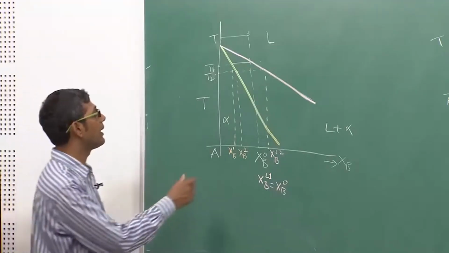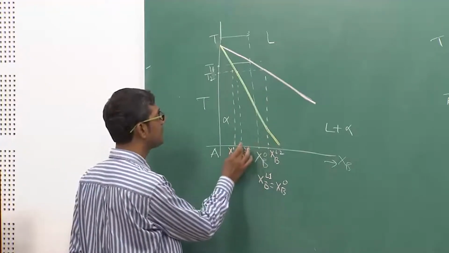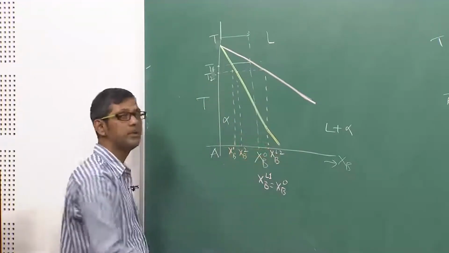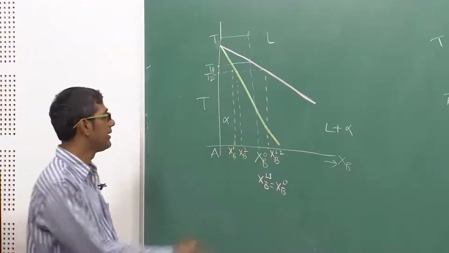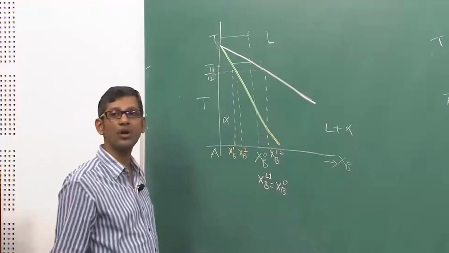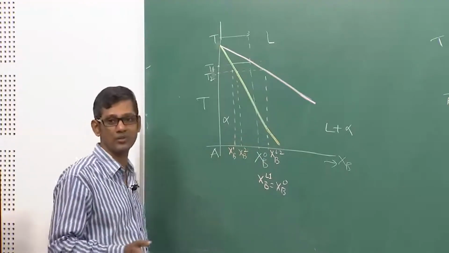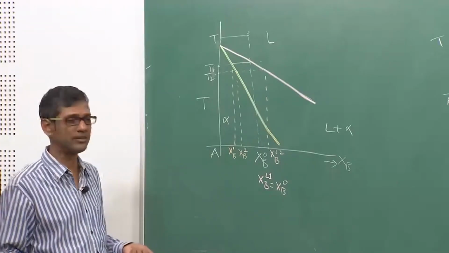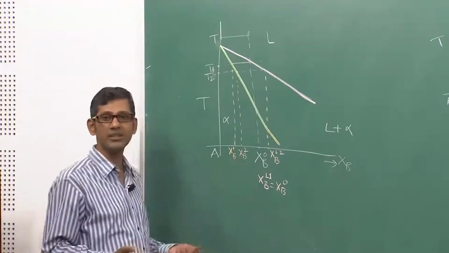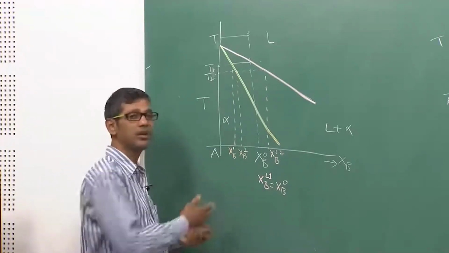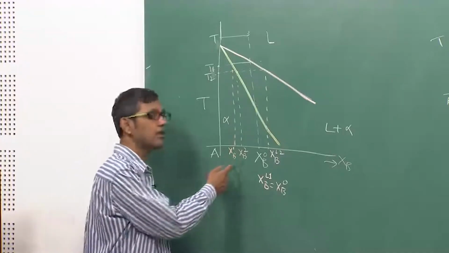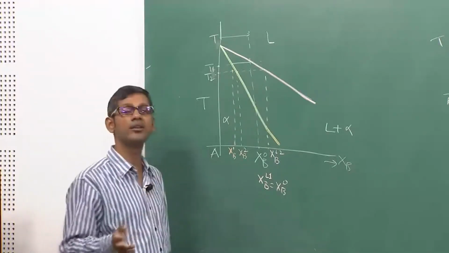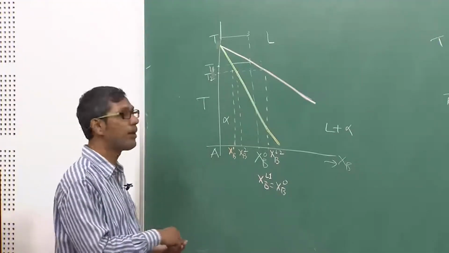So again I have a difference between the solid formed at temperature T2 and the liquid in contact with it. This difference is the solute rejected into the liquid, because you cannot create mass, you cannot destroy mass. Whatever is present in the system must be balanced between the solid and liquid. So the solid has a lower composition, and the remaining solute will be rejected into the liquid. And this will keep on happening.